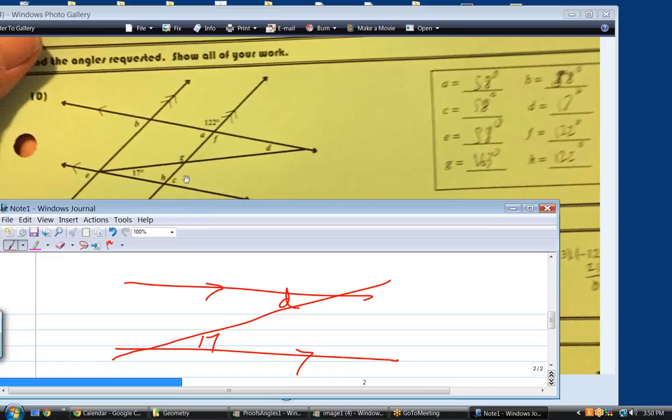In other words, we have to realize that H and F are the same. Well, we know F is 122, so H is 122. And now we know two angles of that triangle. What is this third angle here?